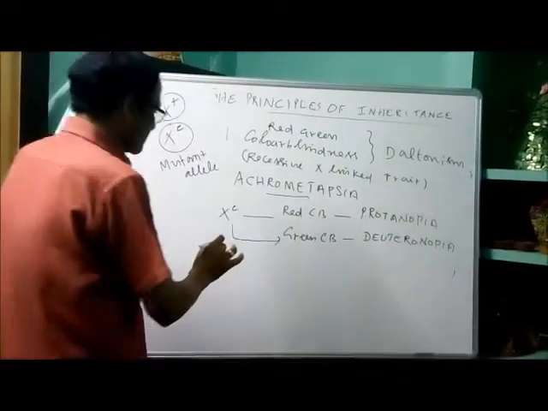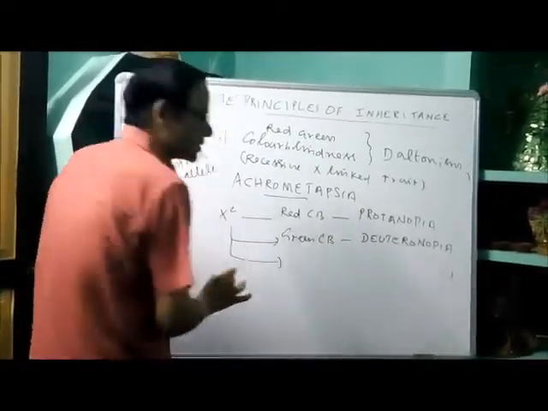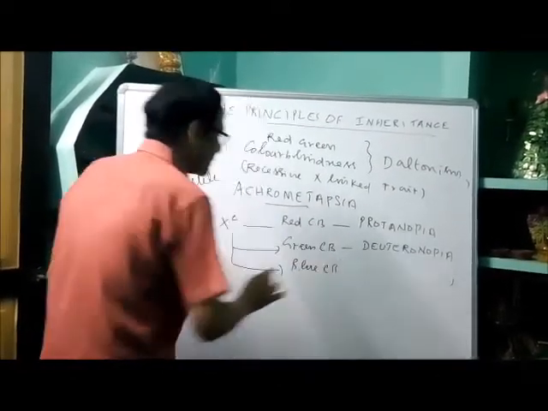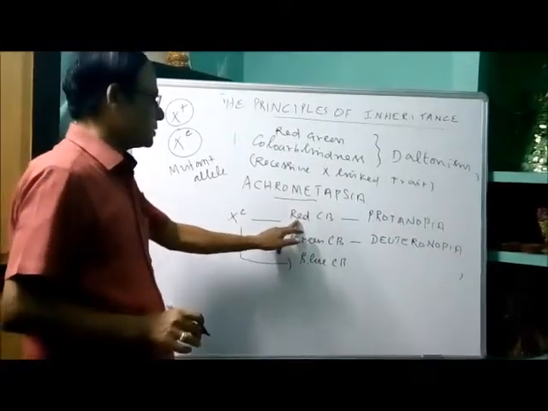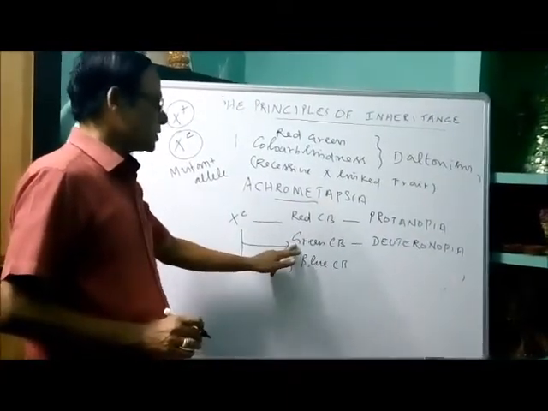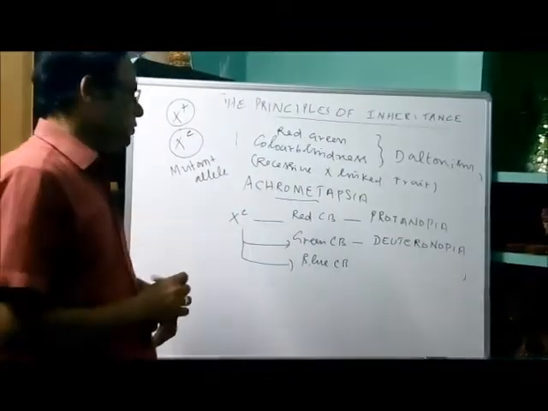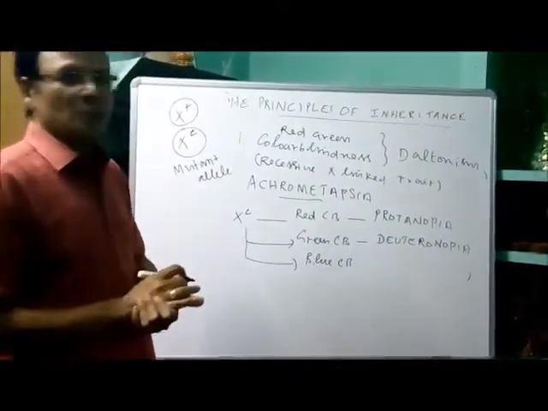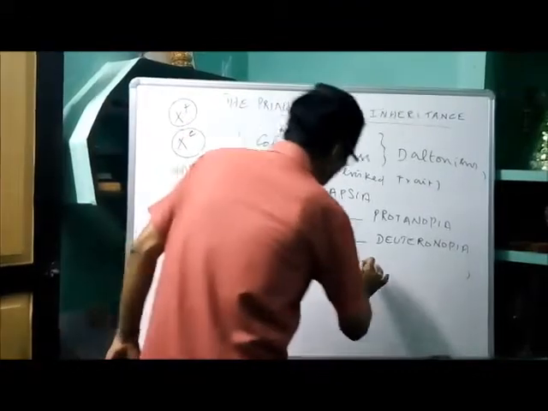In some cases, the people are unable to see the blue color. Then it is called blue color blindness. Unable to see red, protanopia. Unable to see green, deuteranopia. Unable to see blue, tritanopia.